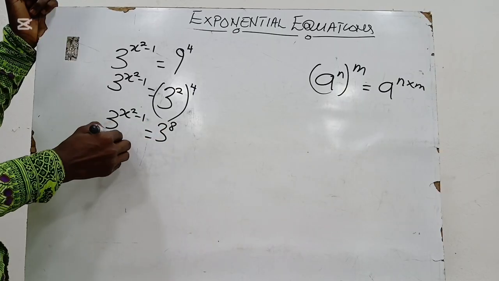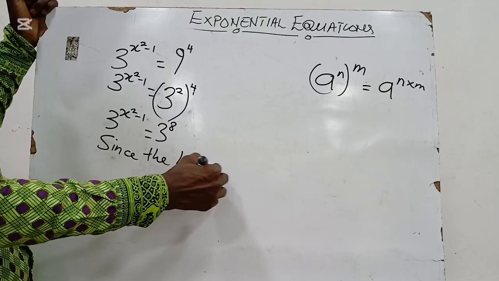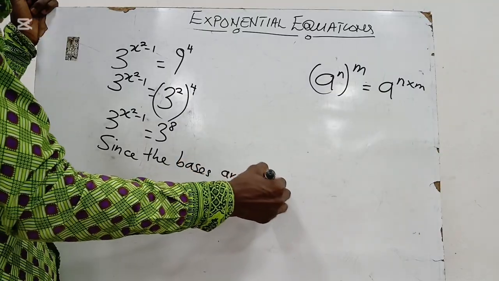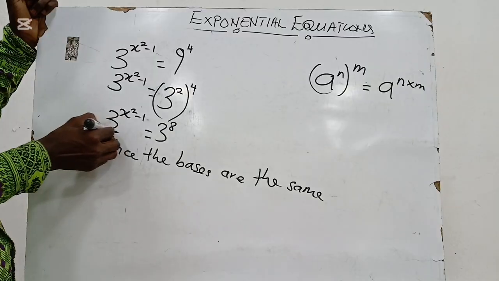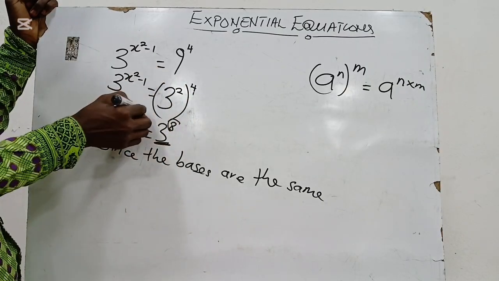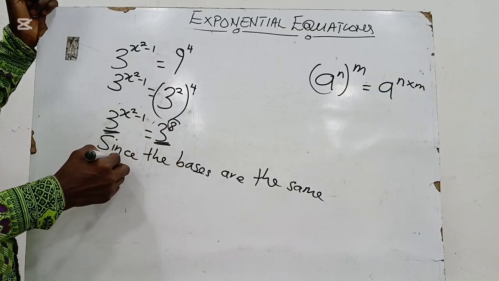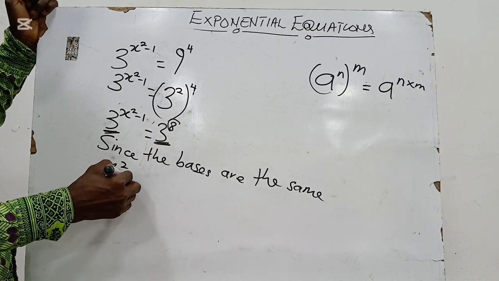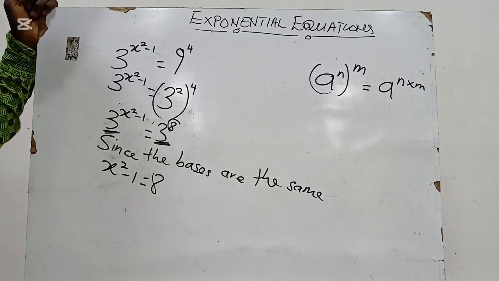Now since the bases are the same, these are the bases, 3, and these are the powers. Are you getting it? So we will equate the powers. So we will have x squared minus 1 is equal to 8.